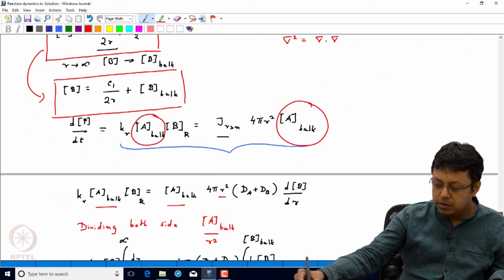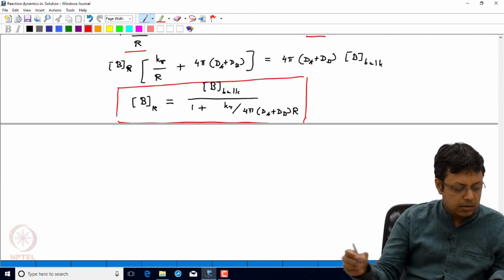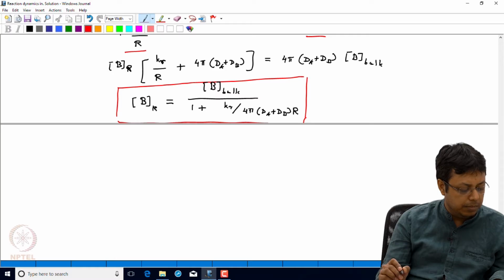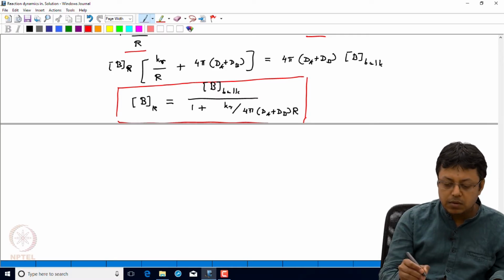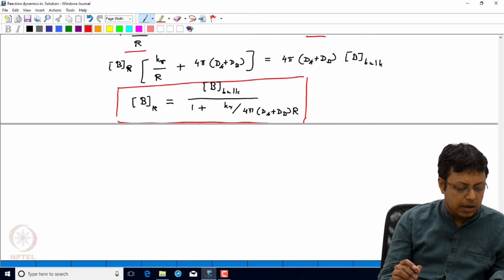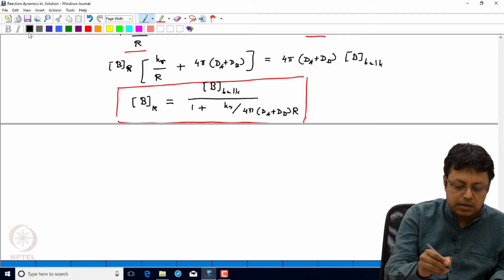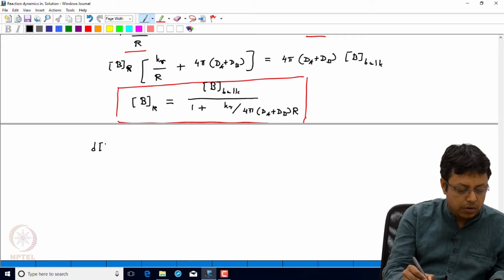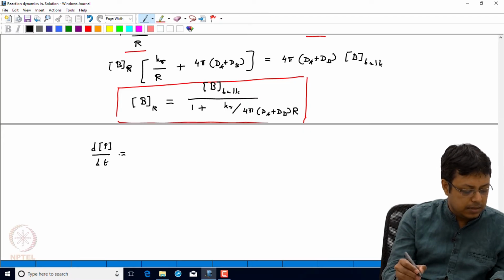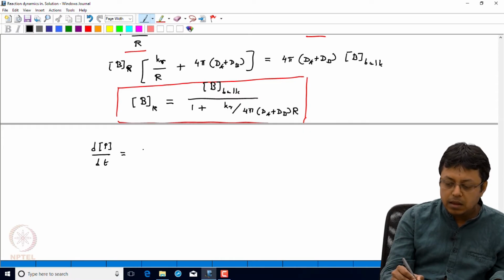We need the values of C1 and C2 also. Now, C1 you can easily calculate. But this is not necessary, because all we are interested in is to calculate the rate of product formation, and remember that is nothing but A bulk.